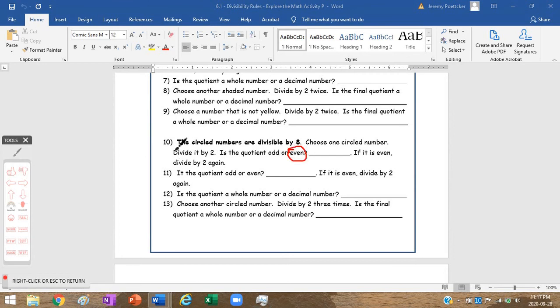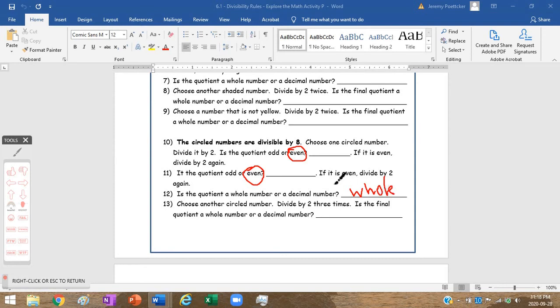All right. Then we move on to the circled numbers are divisible by 8. Choose one of them. Divide by 2. Divide by 2 again. So after we divide by 2, we'll find out that it's even. So if we started with 1048, we divide by 2, we get an even number. If it's even, divide by 2 again.